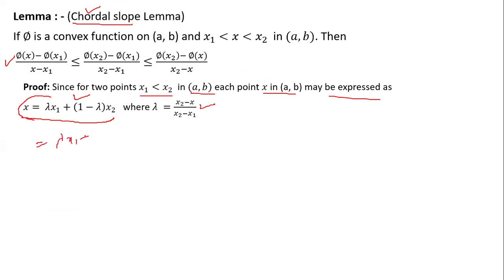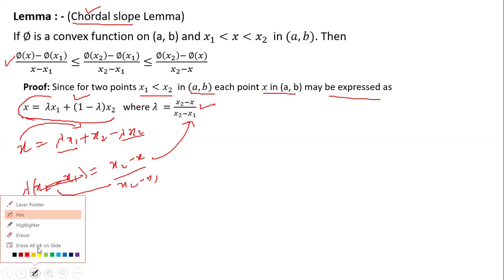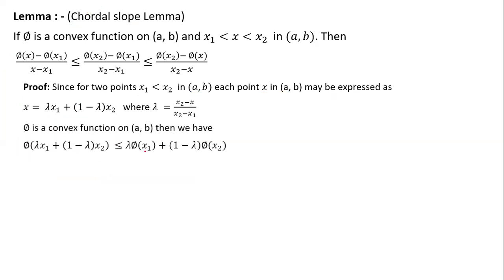You can simply open the bracket, lambda x1 plus x2 minus lambda x2, take the lambda terms together, take lambda common and move x to this side, and simply you get the value of lambda by dividing by x2 minus x1. In this way you can calculate the value of lambda.